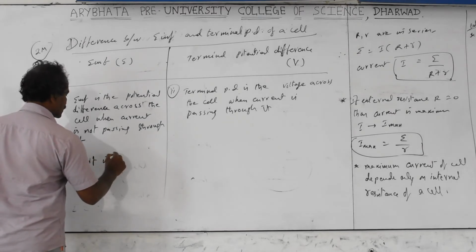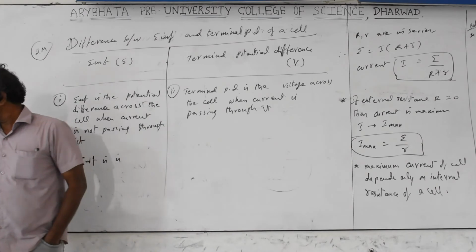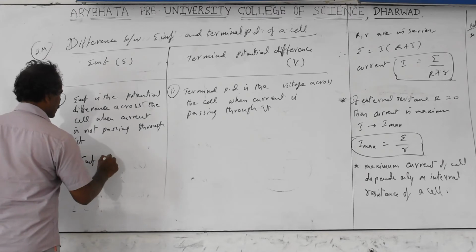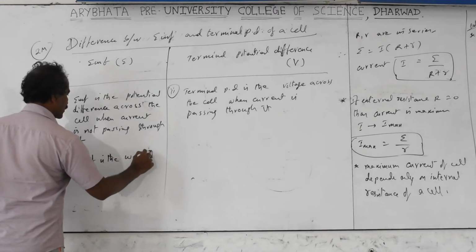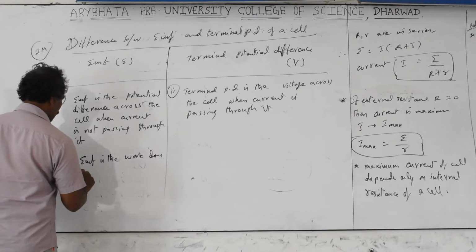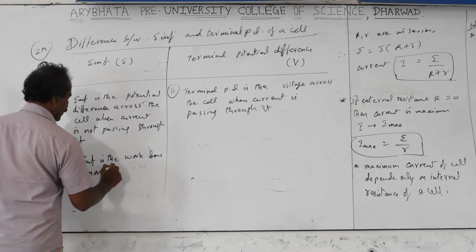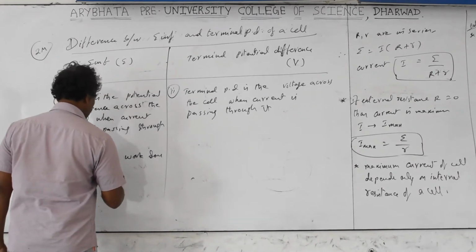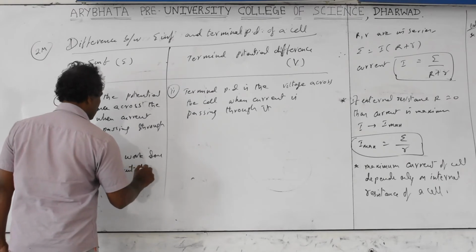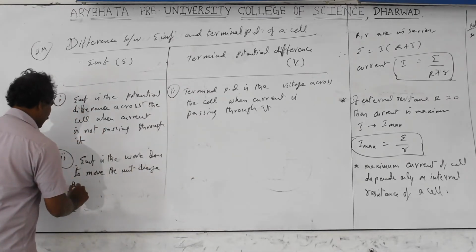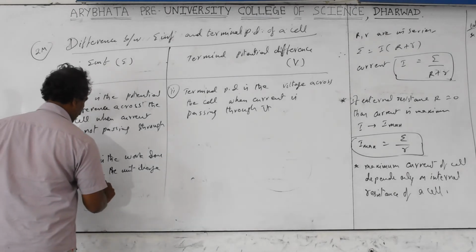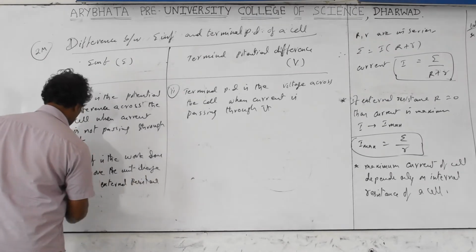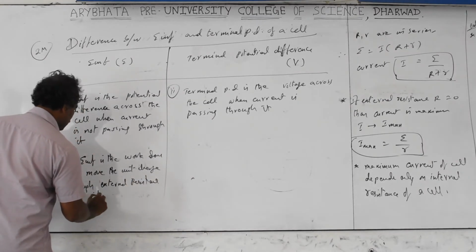EMF is the work done to move unit charge, or to move the current, through the external resistance and internal resistance.